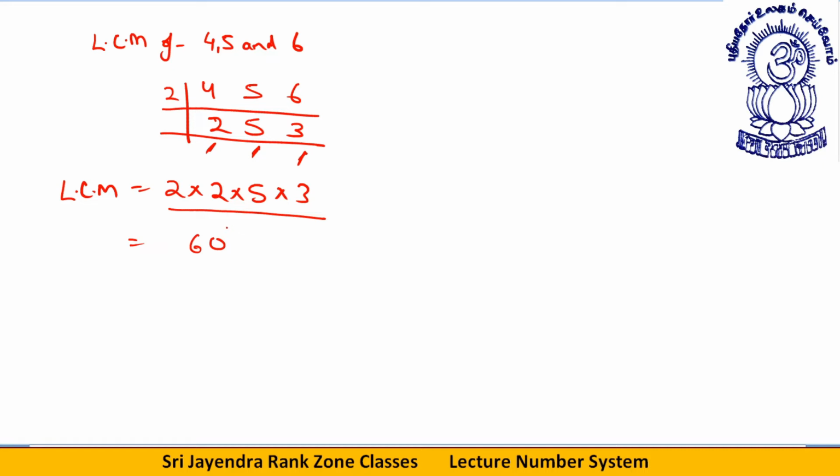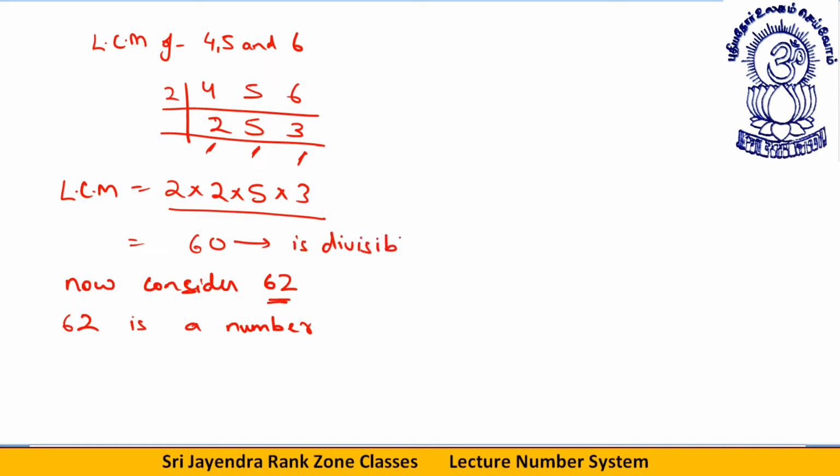Now, why am I doing so? The next level of question which we are going to deal with, before the question I'll provide you the answer. Let's now consider 62. 62 is a number. From here I can say 60 is divisible by 4, 5 and 6.